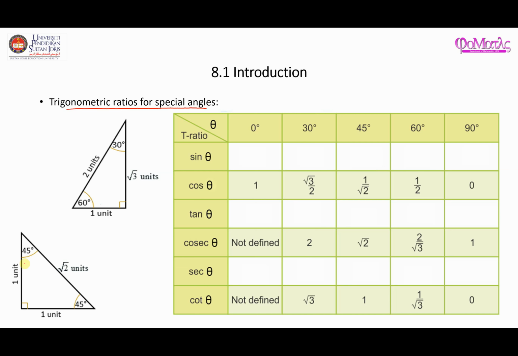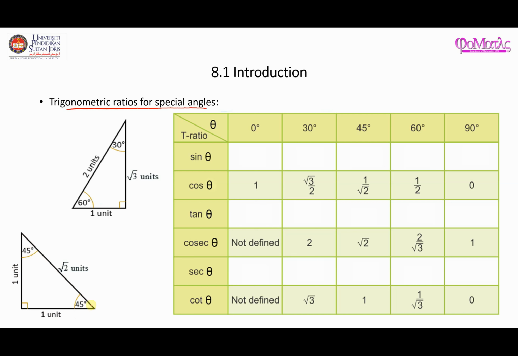So let's consider a triangle where there is 45 degrees on this side, another 45 degrees here, and this is 90 degrees. Since the angles here are the same, the lengths of these sides will be the same. If you consider this length to be 1 unit, and this is also 1 unit, then you can easily find the length of this one.